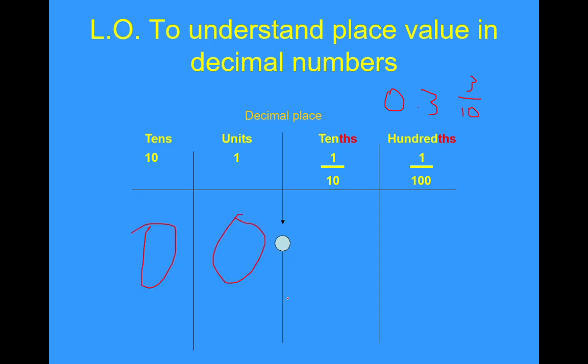No. We'll need to draw our decimal point in, and then how many tenths will there be? Well, there'll be 3. So we write our 3 in the tenths. Okay? And again, easy peasy lemon squeezy. So 3/10.